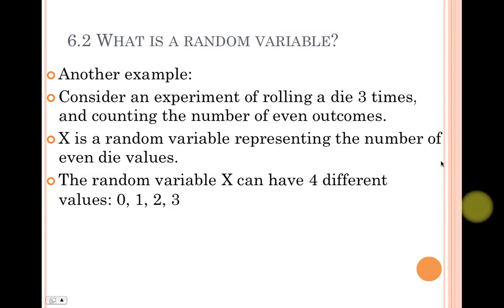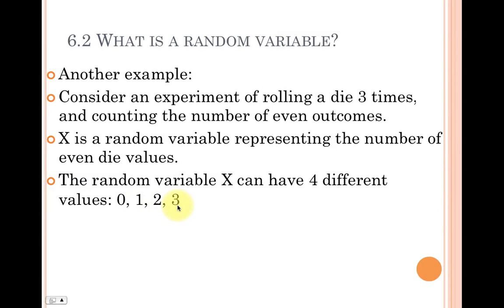So let's think about this. We roll the die 3 times. So you roll a die once, you roll a die twice, and you roll it 3 times. And each time that you roll it, you take note of the value that comes out on top. If you're considering how many even values come out on top, well, you could get 0 evens, you could get 1 even, you could get 2 even, or you could get 3 even.